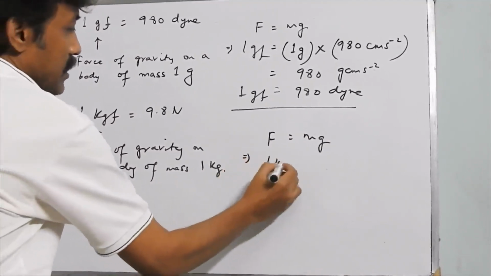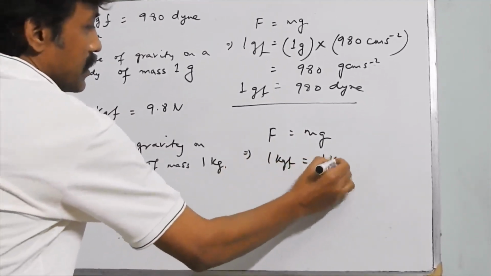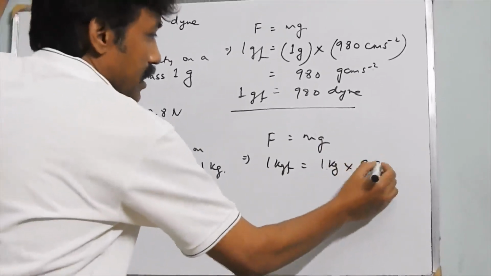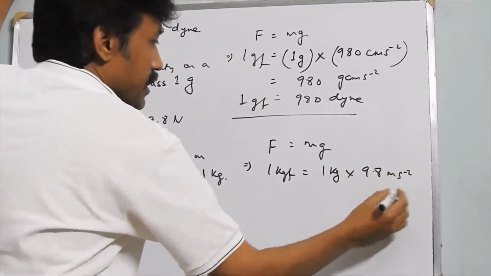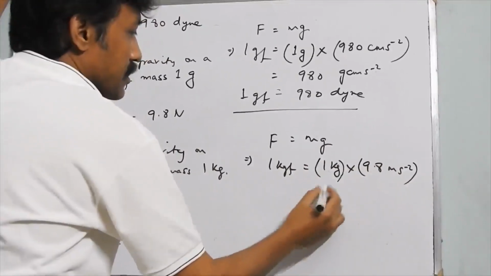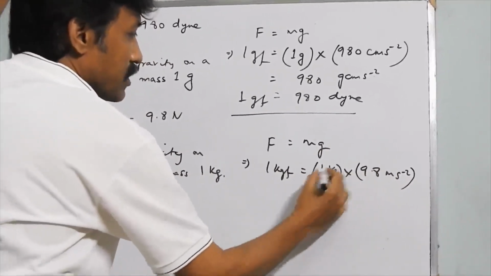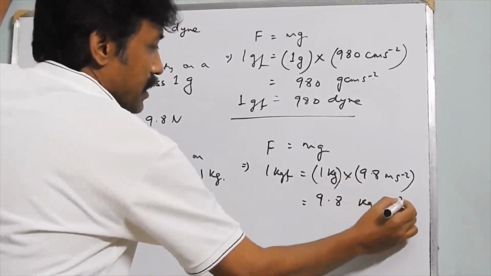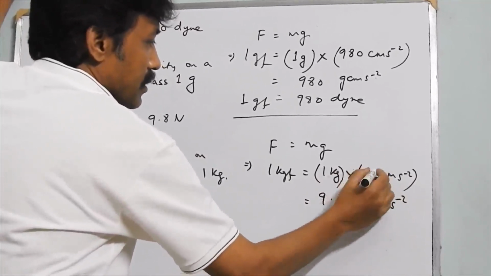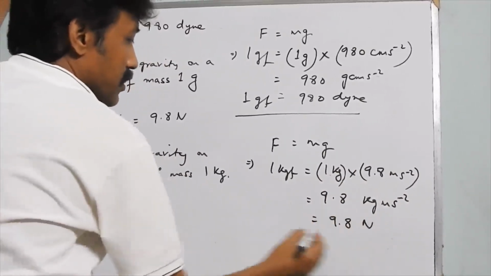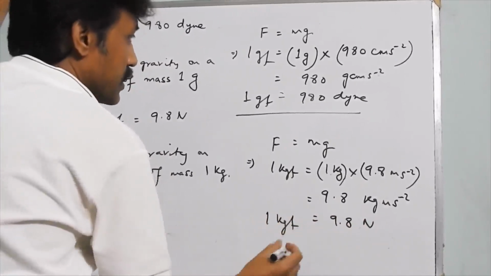So this is 1 kgf, means you are taking 1 kg and the value of g, that is the gravitational acceleration, is 9.8 meter per second square in SI units. So this is what you have, 1 into 9.8 is obviously 9.8. This is kg meter per second square, and kg meter per second square is Newton. So 1 kg force is 9.8 Newton.